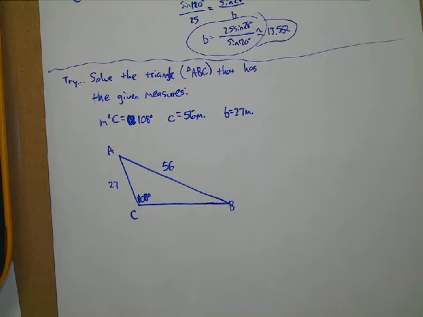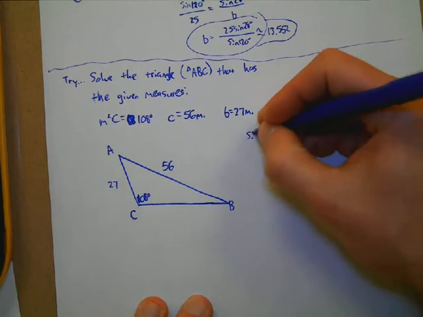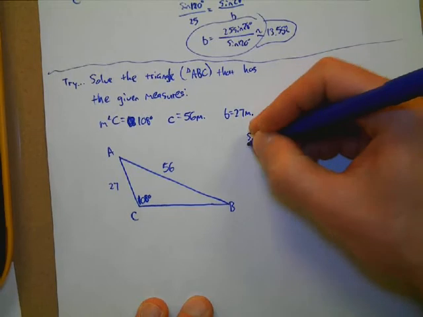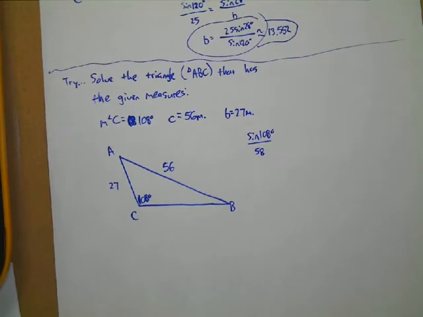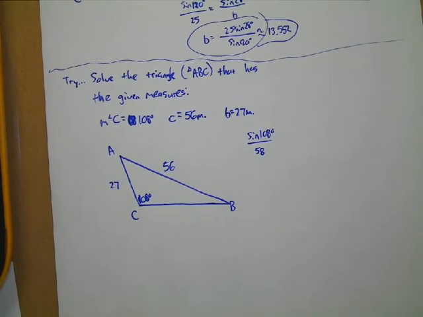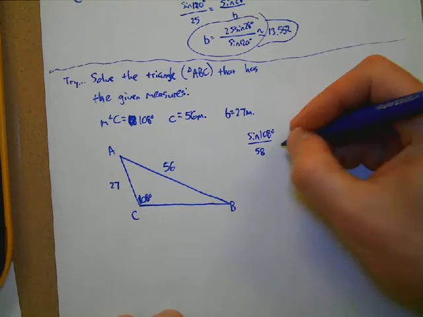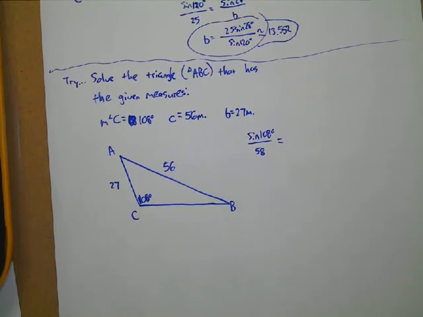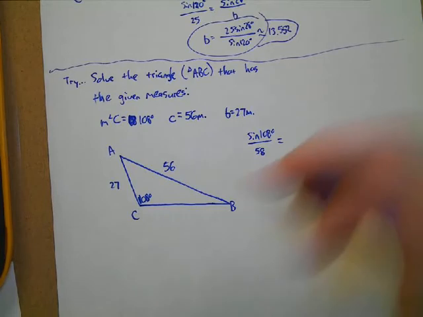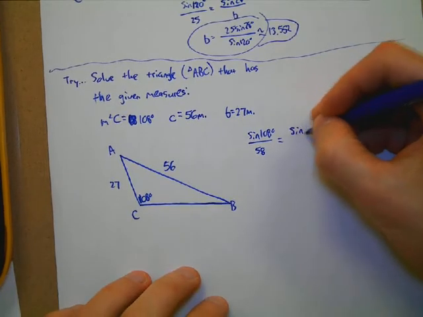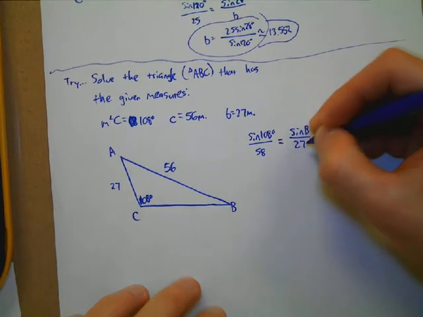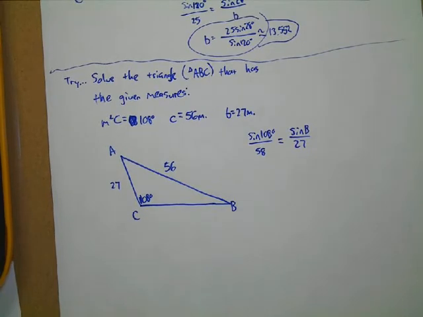All right, so this is a bit different, right? In the other problems, all we were solving for were sides. Yes, we did solve for angles, but we just used the fact that all the angles in a triangle have to add up to 180. Here, we're going to be solving it using law of sines. So anyway, let's solve here. We'll cross multiply. We get 27 sine of 108 degrees over 56 equals sine of B. Sorry, thank you, goodness, that would have been bad. 56, my apologies.